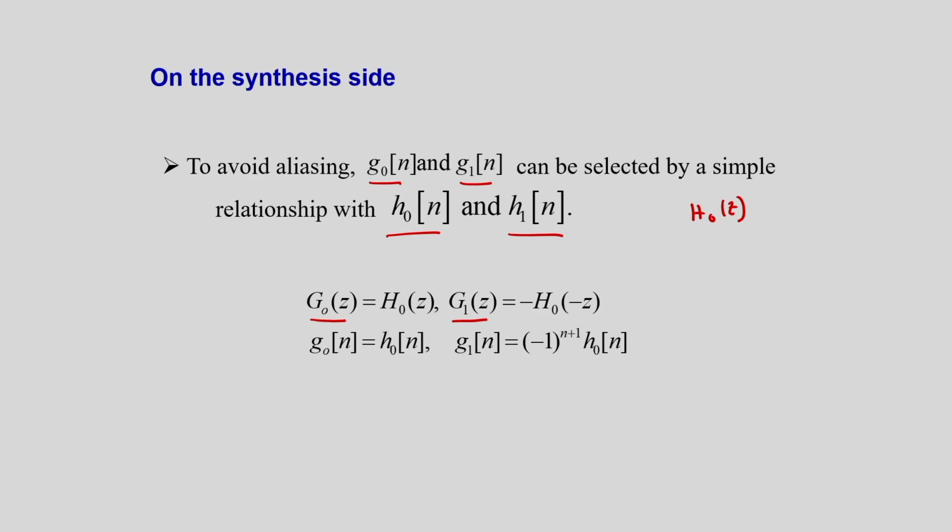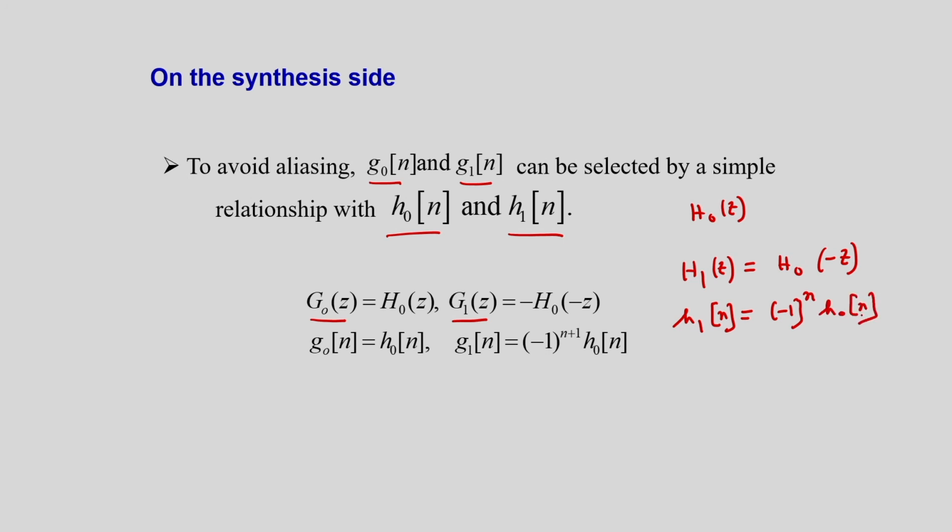And already you know that H1z is nothing but H0 of minus z. Also in the time domain you know that H1n is equal to minus 1 to the power n H0n.